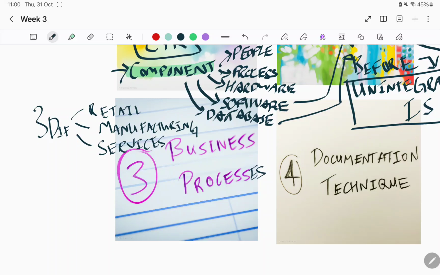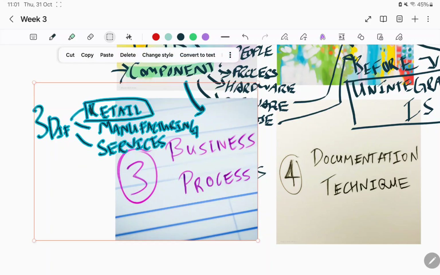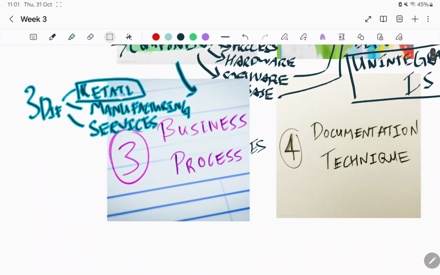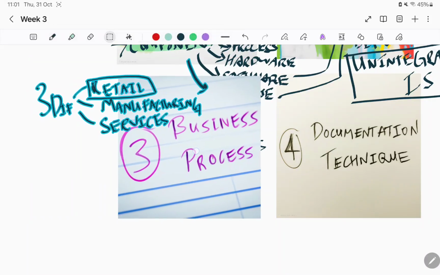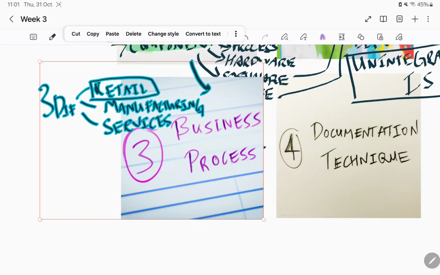So we understand that a retail business will not a retail business over here, meaning to say that it focuses on, let's say, can I just grab this over here and is it the business?